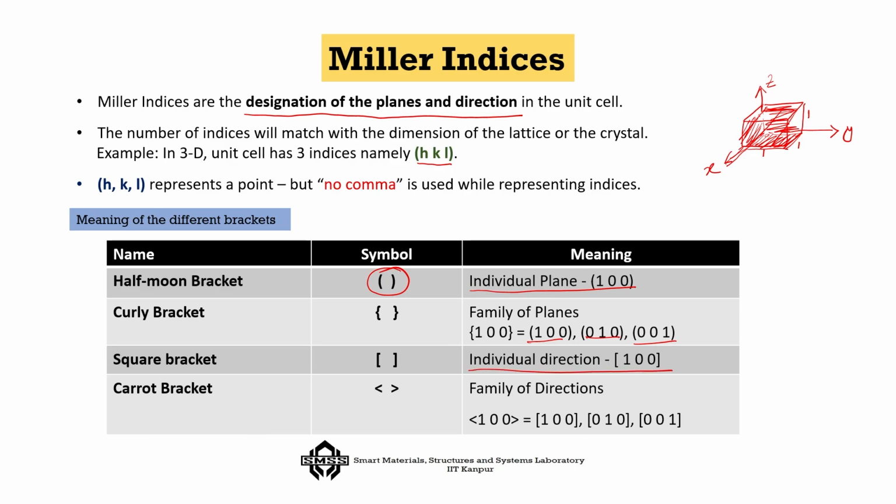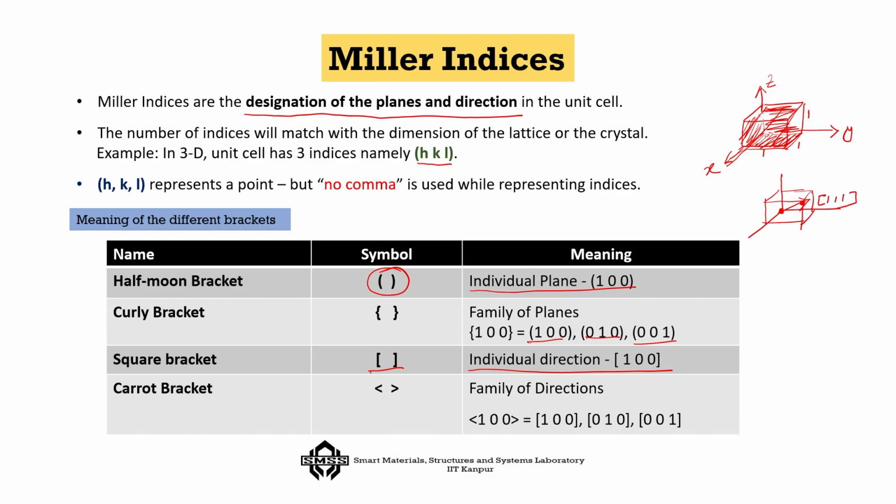For example, I am just redrawing it for you, suppose I have a unit cell like this, and then suppose from the origin I want to indicate a particular direction. Then this would be with respect to the square bracket, and individual directions can be 1 0 0, such as this direction will be 1 1 1.